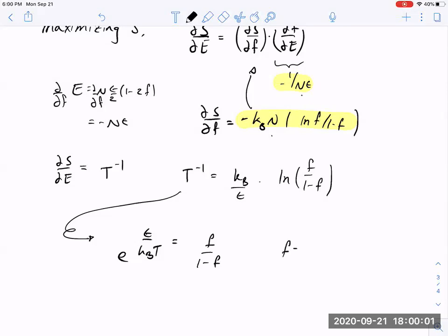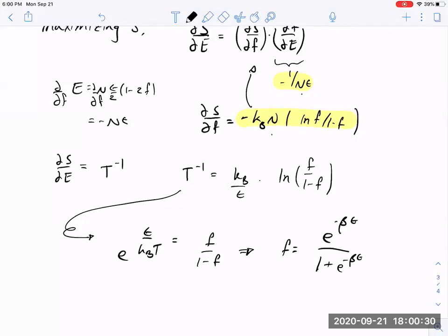That gives us f is equal to e to the plus beta epsilon over 1 plus e to the plus beta epsilon. So the fraction of up spins satisfies this simple relationship in the most likely arrangement of the system.